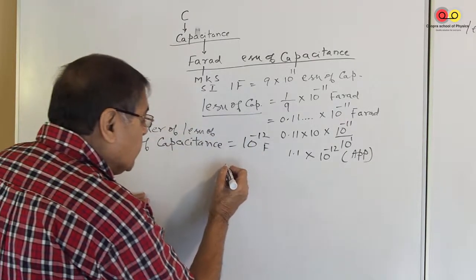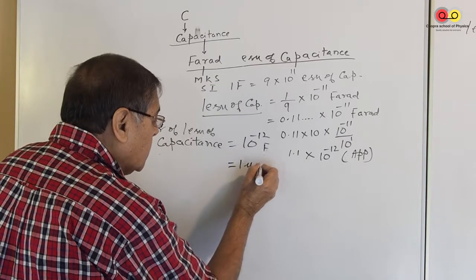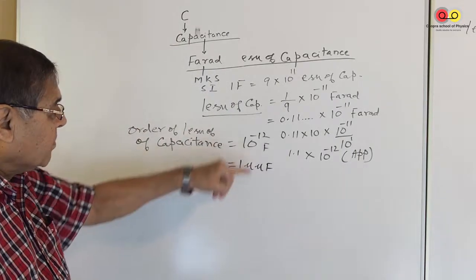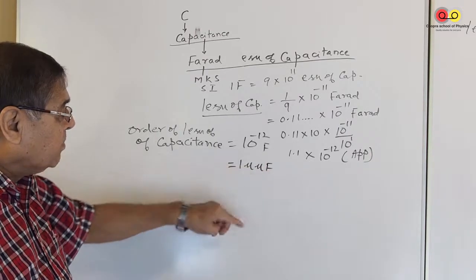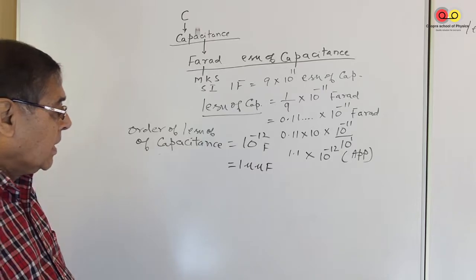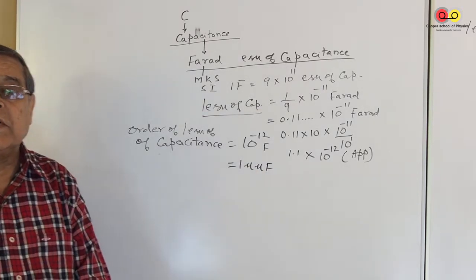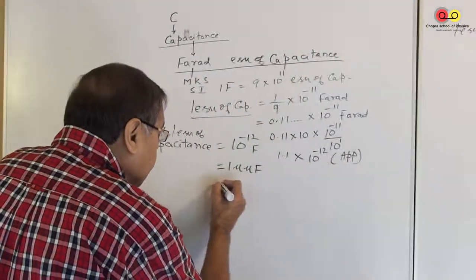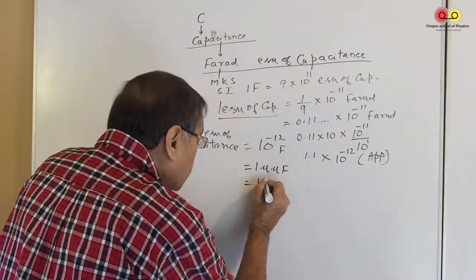This can also be written as 1 microfarad. So 10 to the power minus 12 farad can be written in a smaller multiple. This microfarad can also be written as picofarad.